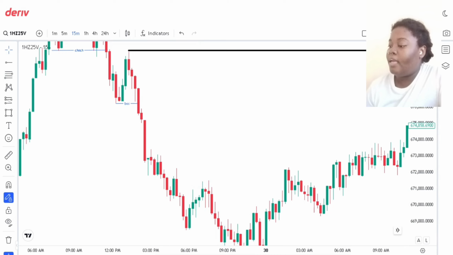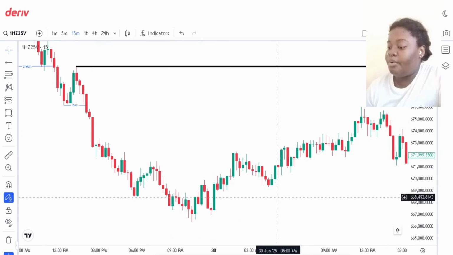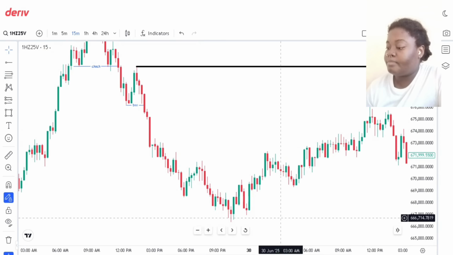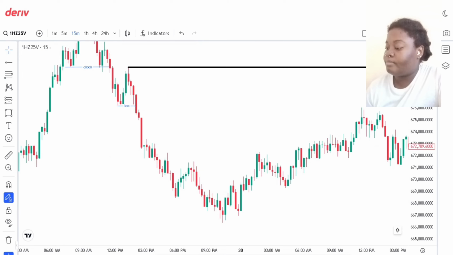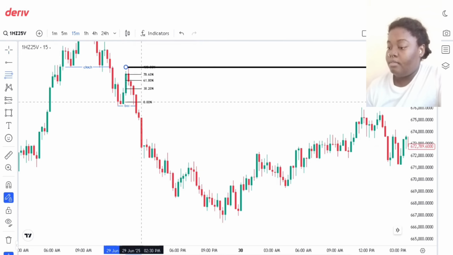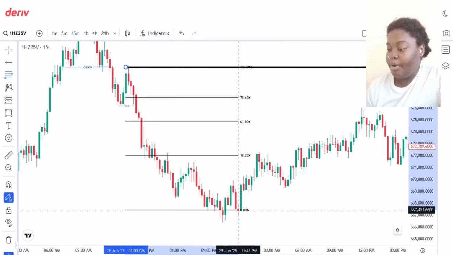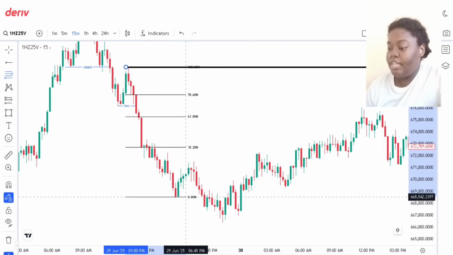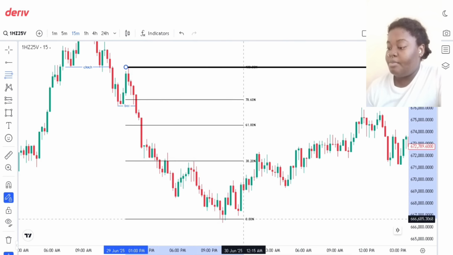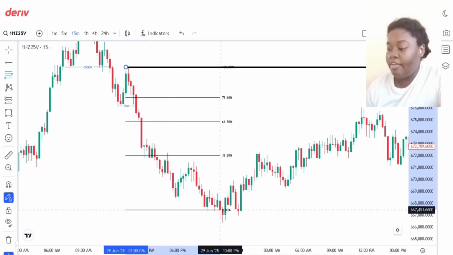So let's continue downwards. This is still the high that we're working with. So this pullback wasn't valid right here. Then this one candle pullback right here didn't even budge.